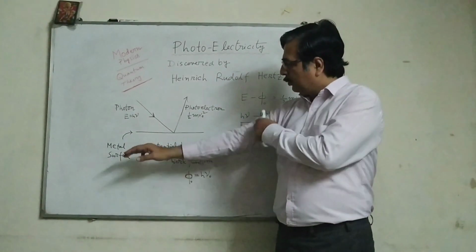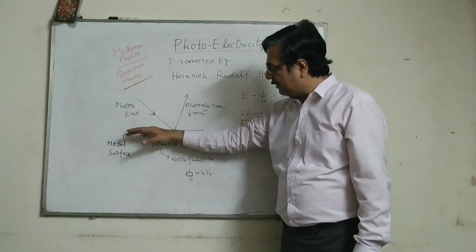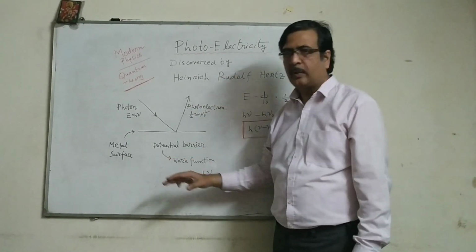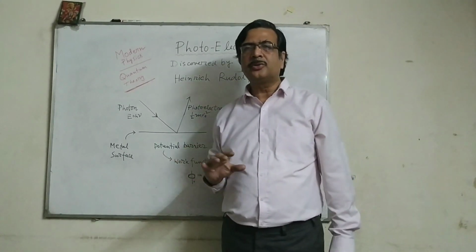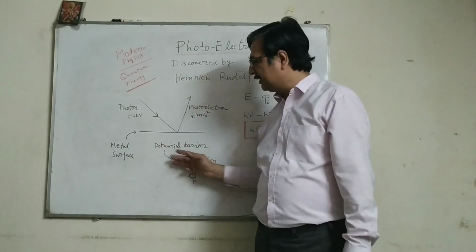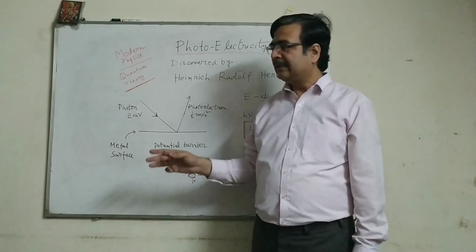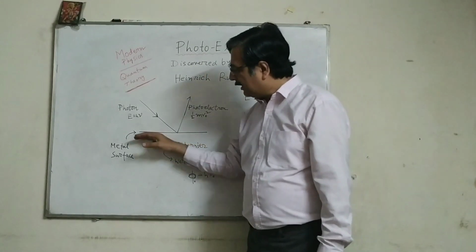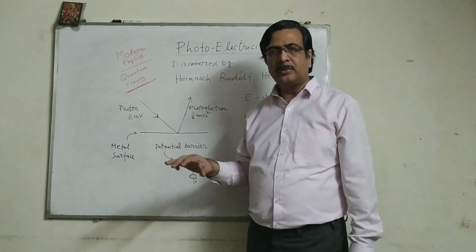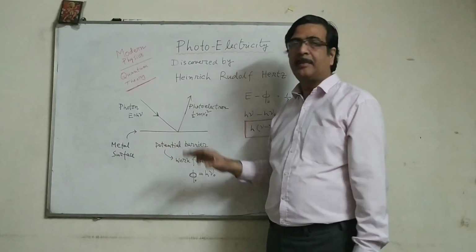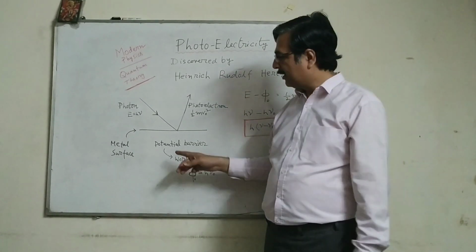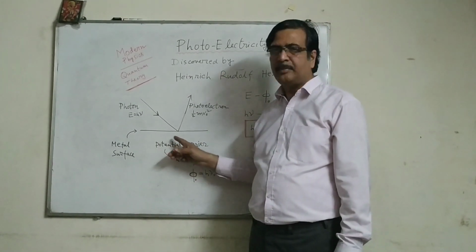Now within the metal, what happens? The free electrons move within the metal and have more energy than the bound electrons, but they cannot escape the metal surface. Why? Because we assume that there is a potential barrier.